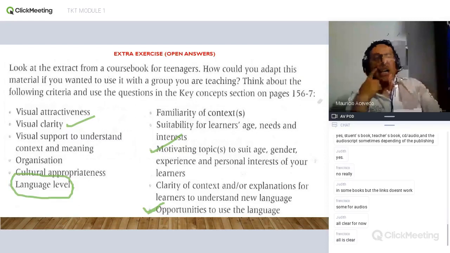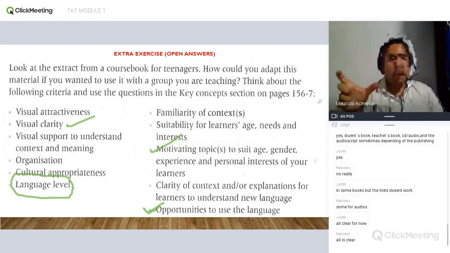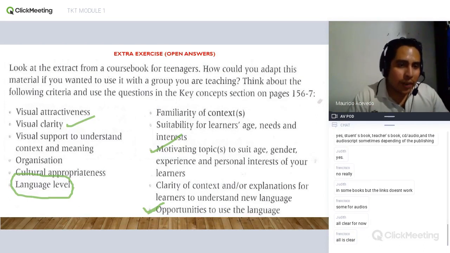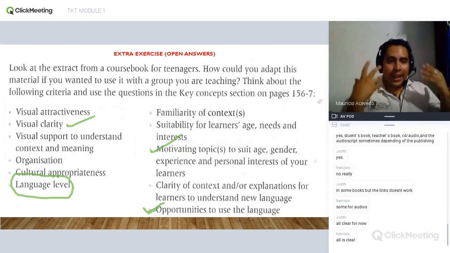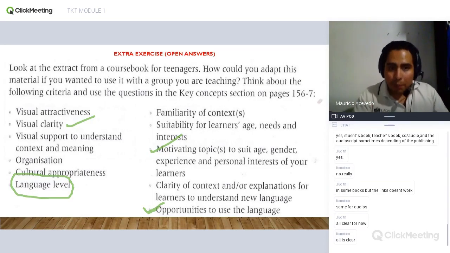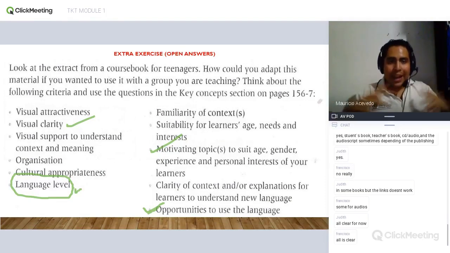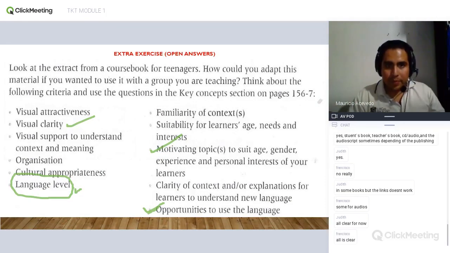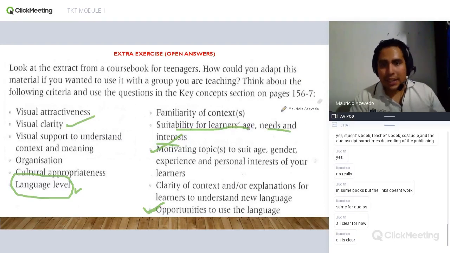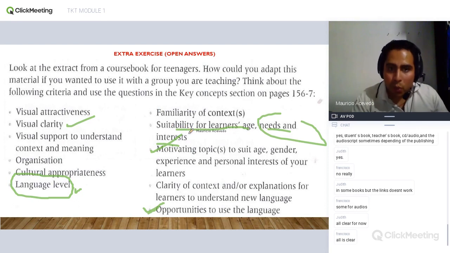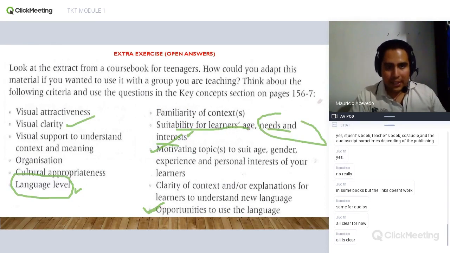But I have decided to keep the same sentences and add more, more challenging ones, and the students need to figure out if they are positive, negative, or interrogative. And that's how I will adapt the activity. I am adapting the level, and I am expanding it. And at the same time, it's suitable for the learners' age, needs, and interests. Maybe they will need this activity, and it's more interesting than just this very basic one.